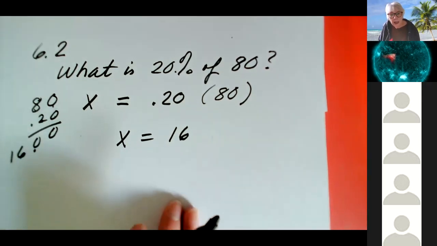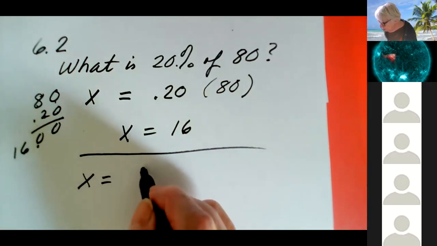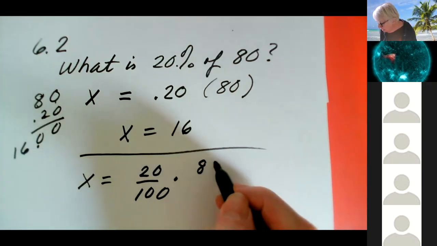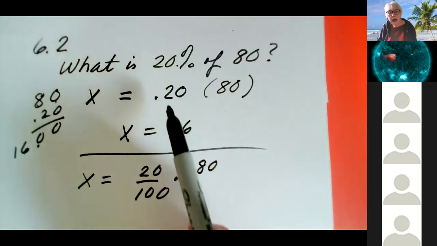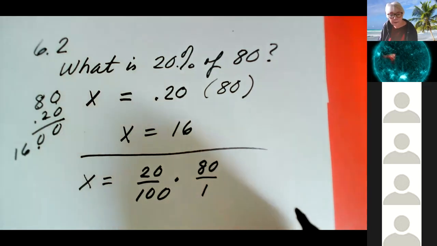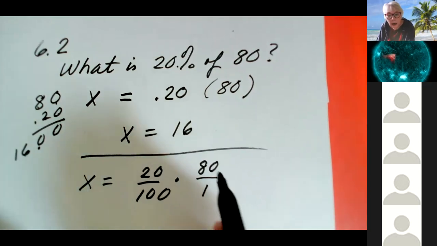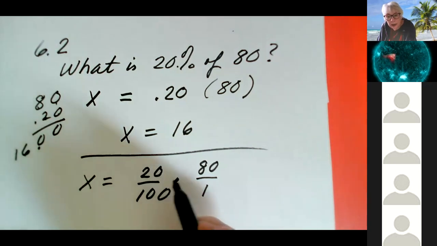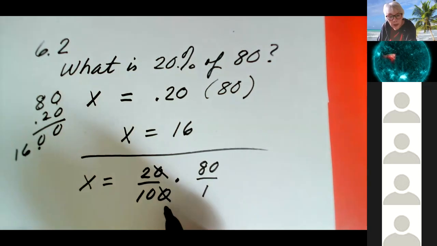Okay. If I had used a fraction, it would be 20 over 100 multiplied by 80. So if I did my percent as a fraction, it's 20 over 100 times 80 over 1. I would still get the same answer. I'm going to reduce 20 over 100. I can take out a pair of zeros for that.